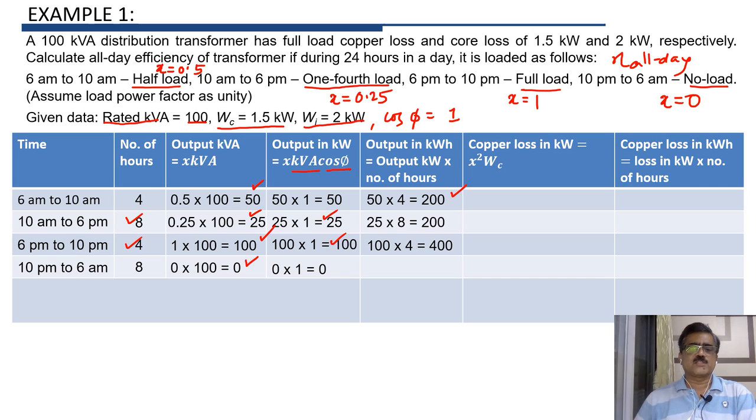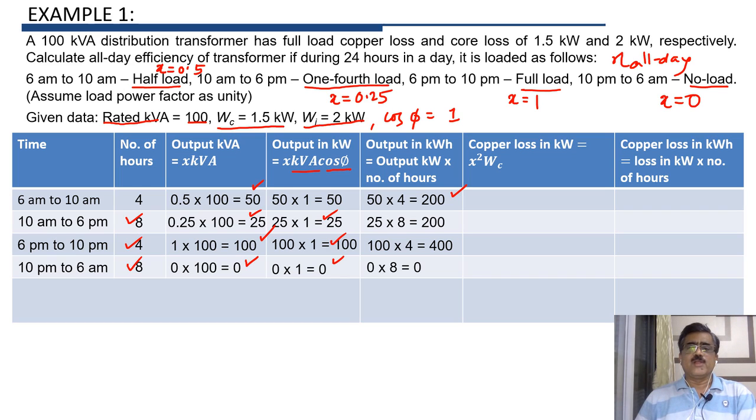During the last slot, output is 0 and the number of hours is 8, so 0 into 8 is 0. So this is the output in kilowatt hour during 24 hours.